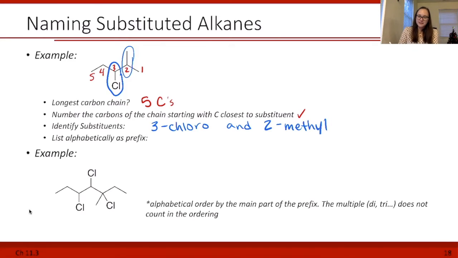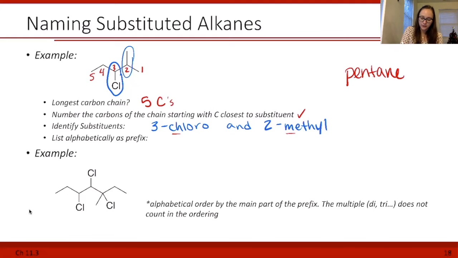And then the last step is to list them alphabetically as a prefix. So up on the top here, let's start with our main alkane chain name, which is pentane, because we have 5 carbons. And then we have to add in 3-chloro and 2-methyl. So we're deciding between chloro or C and M. So our chloro, even though it's at position number 3, we go by ABC order.